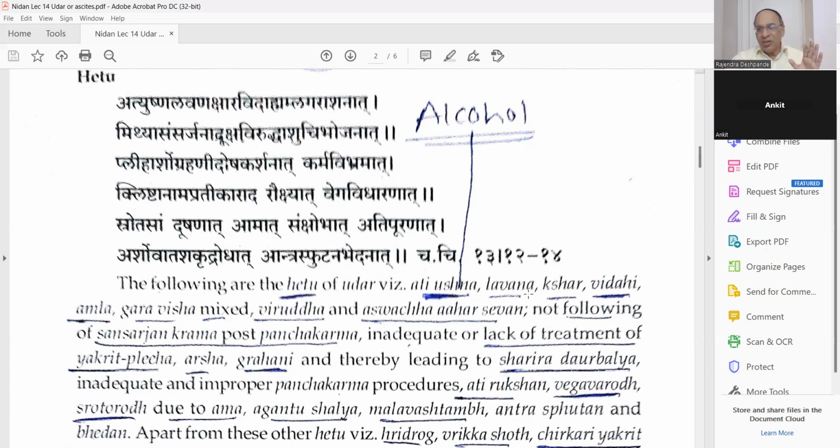Write down the chapter number, Charak Chikitsasthan, chapter number 13. When we see the Charakuttarartha, we will drop this. We will not repeat it, because we have already studied it.